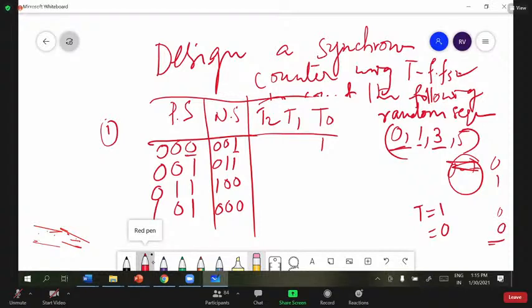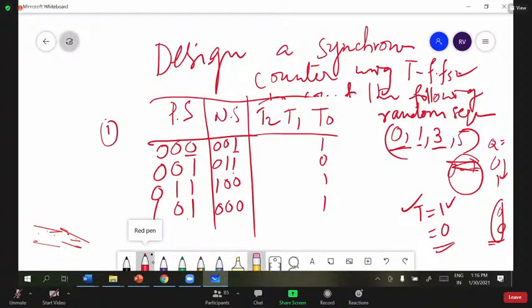So when the T input is equal to 1 and the previous output is 0, it will become 1. Toggle condition occurs. Just remember this. When T input is equal to 0, nothing is changing. 0, 0 only. So that's why 0 has become 1. This is 1. And 1, 1, no change, right? And that will be 0. 1, 0 means this is 1. You understand or not? Yes, ma'am.